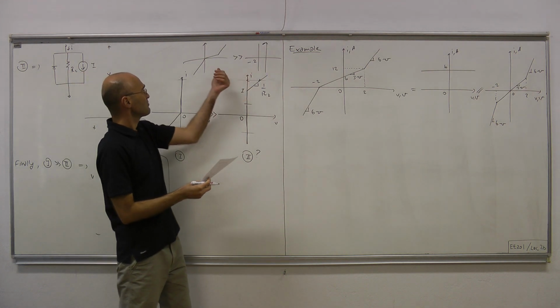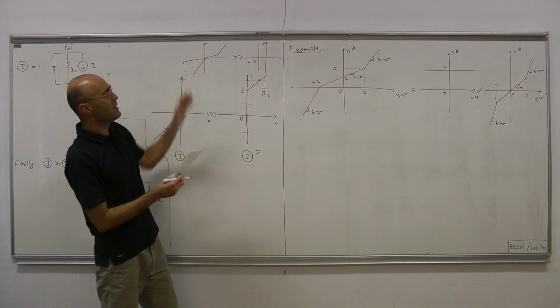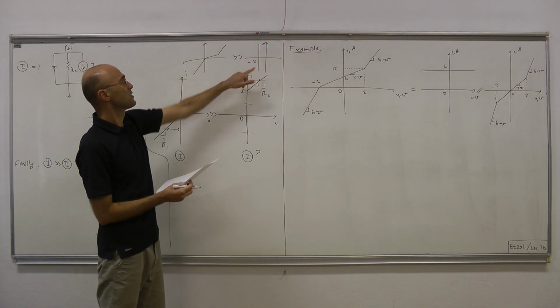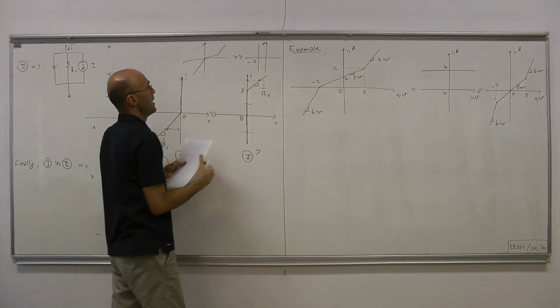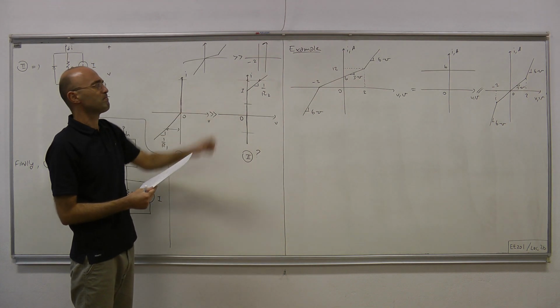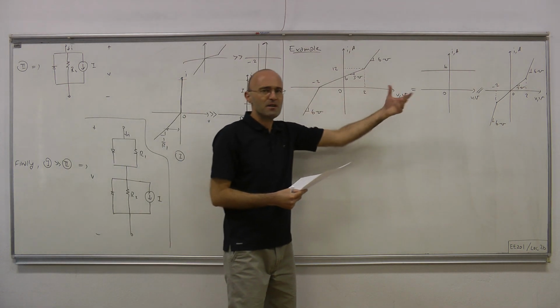In this case, what you do is you shift everything to the left by 2 units, and this would correspond to a minus 2 volt voltage source, and this would be a valid decomposition.